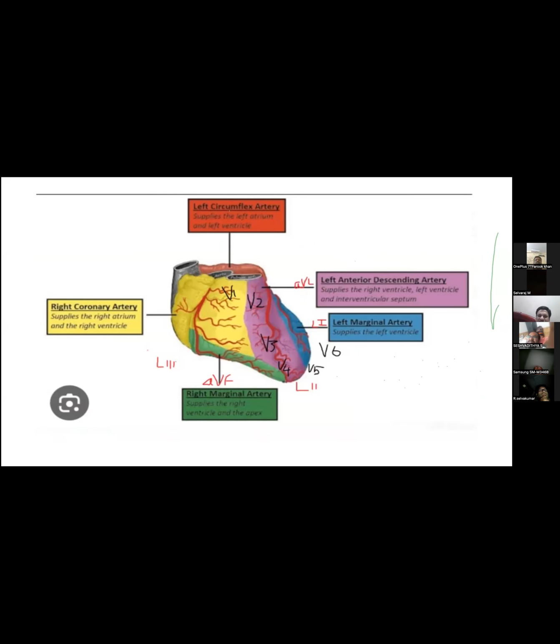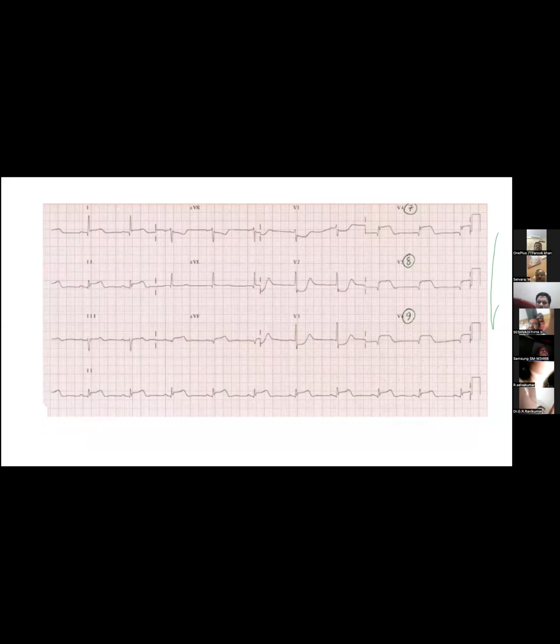So this is how the ECG will look, and this will be useful in identifying the area of blood supply later on, which I will be describing during the acute coronary syndrome ECGs. So why do you want to take the special leads like V7, V8, V9? See, this is the classic lead II ST elevation, suggesting an inferior MI, and in lead I, we have ST elevation, suggesting a lateral wall MI.